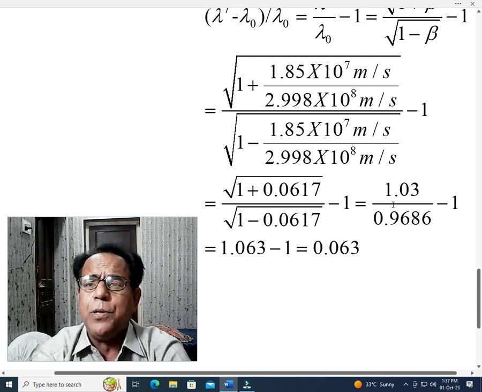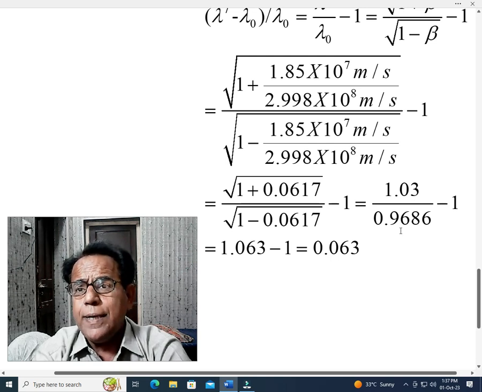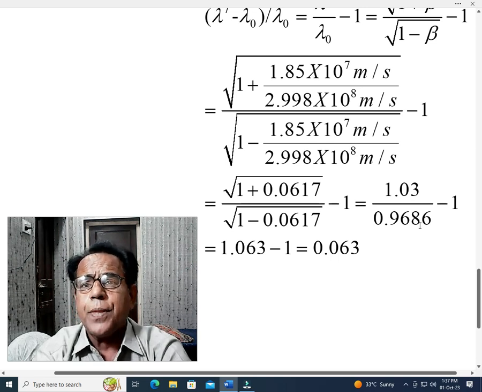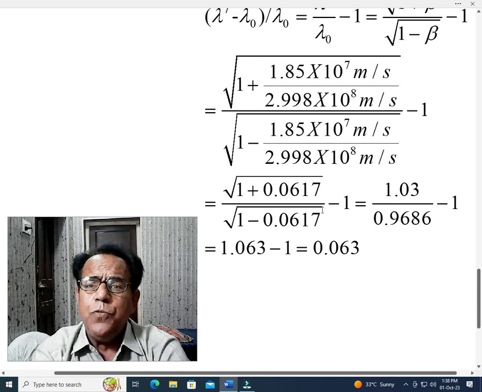This will become equal to 1.03 over 0.9686. Because this will become √1.0617, and it will become equal to this, while this other value will be different.